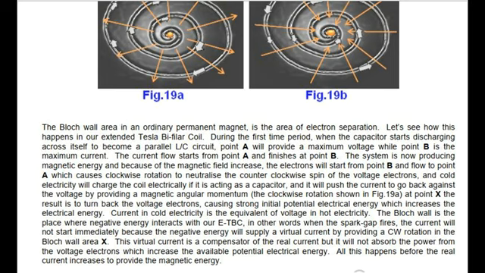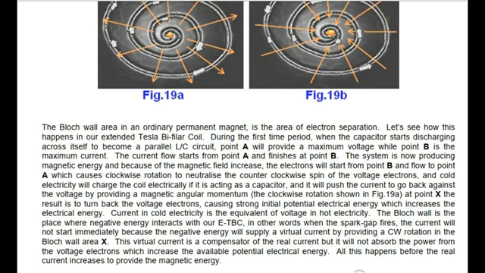At point X the result is to turn back the voltage electrons, causing strong initial potential electrical energy which increases the electrical energy. Current in cold electricity is the equivalent of voltage in hot electricity.